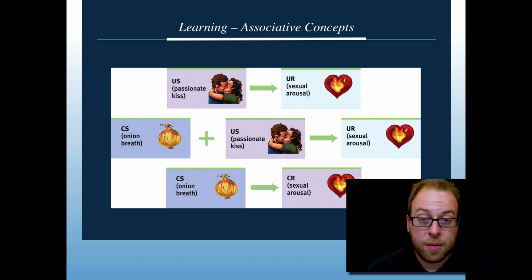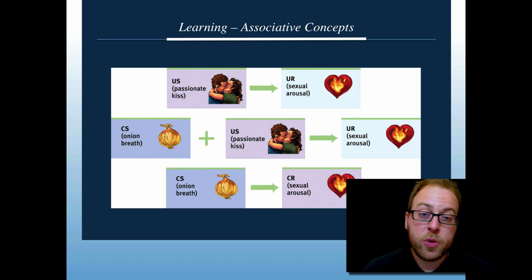When learning comes in is when we pair things with this natural response, when some neutral stimulus that isn't associated either with the unconditioned stimulus or the unconditioned response comes in and sort of piggybacks on that unconditioned stimulus. In order for that to happen, this unconditioned stimulus must be paired with the neutral stimulus.